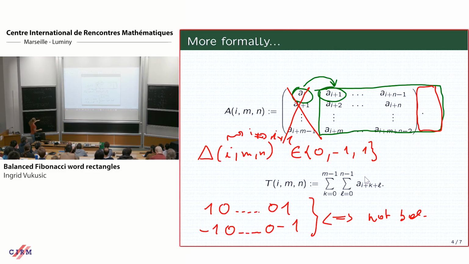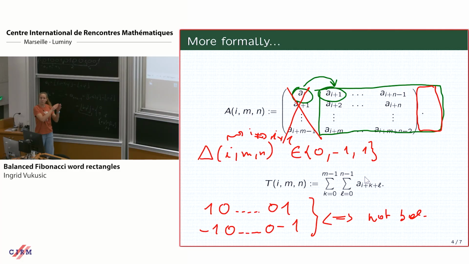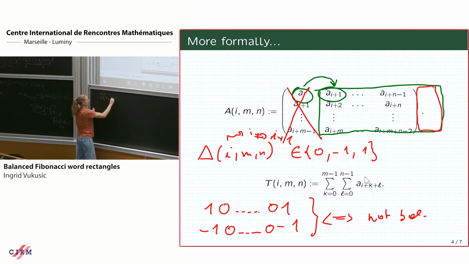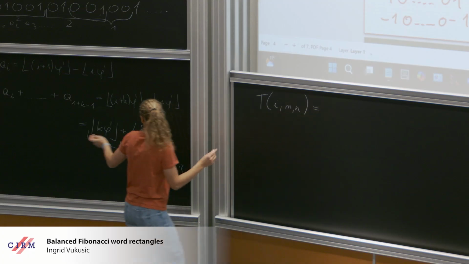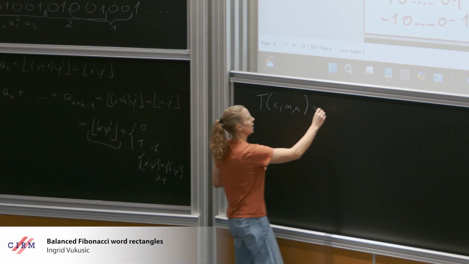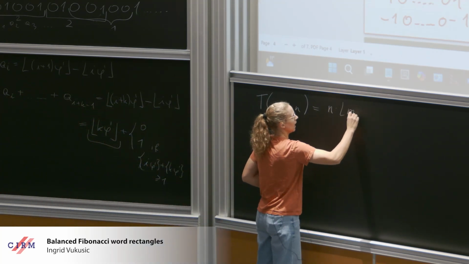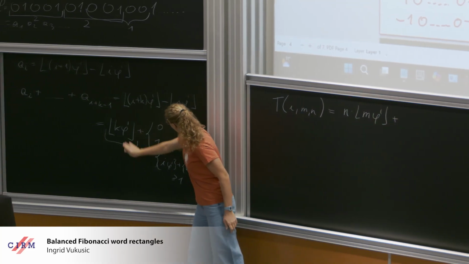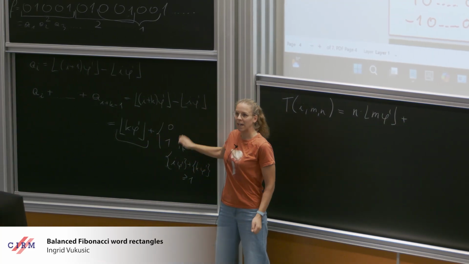And luckily, we already have a formula for blocks, so for columns. So we could just sum over the columns. I'm not doing the details, you take this and you sum, and then you get n times floor of m phi, plus, this comes from these guys, and then you need to deal with these fractional parts.